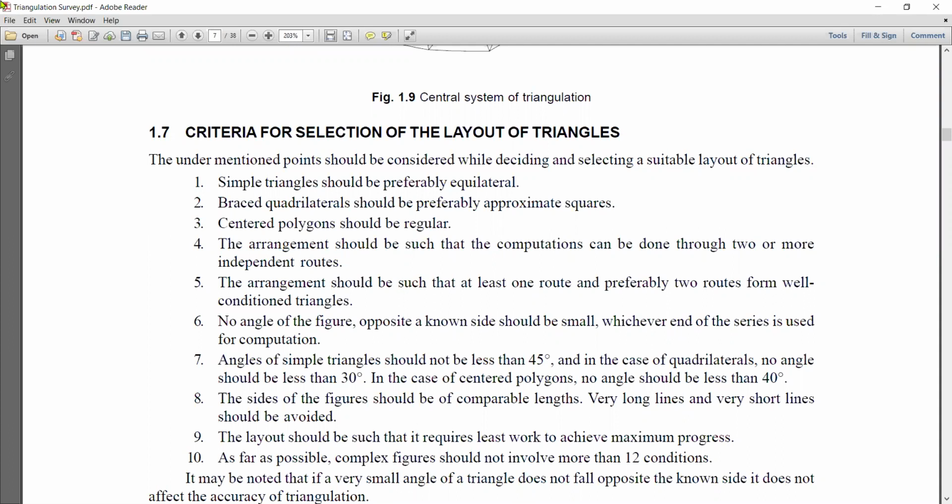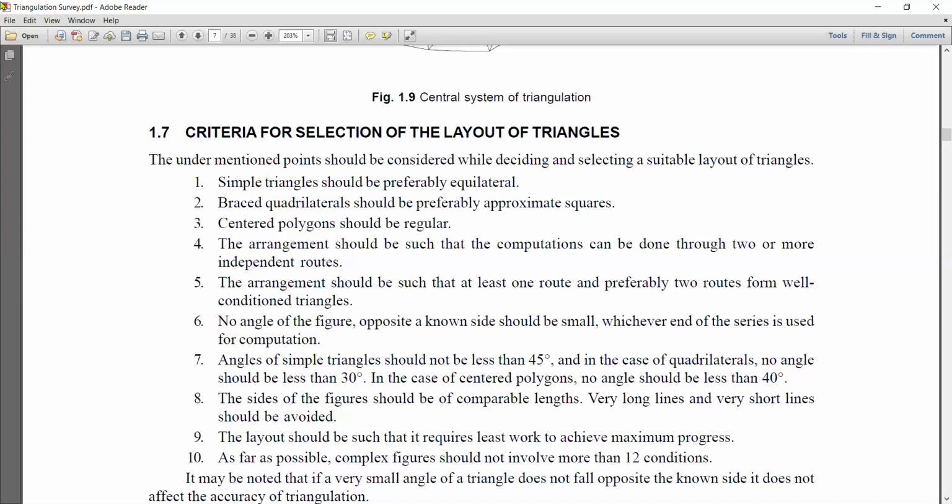The angles of simple triangles should not be less than 45 degrees. In the case of a quadrilateral, no angle should be less than 30 degrees. In the case of a centered polygon, no angle should be less than 40 degrees. If you are taking a centered polygon or a quadrilateral, we have conditions: the angles of a simple triangle should not be less than 45 degrees.